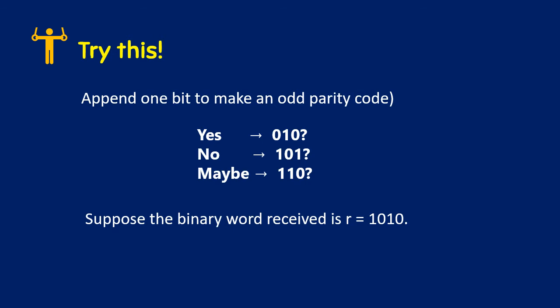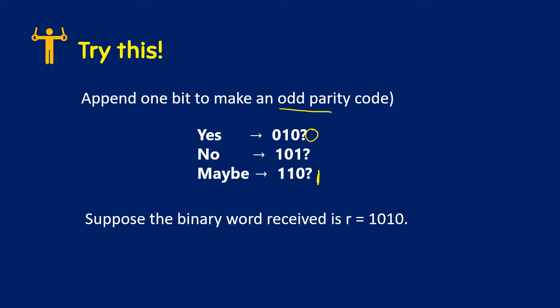Now, one more. We want to append one bit to make an odd parity code. So this one should be 0. This one should be 1. And lastly, this one should be 1 so that it would be odd.